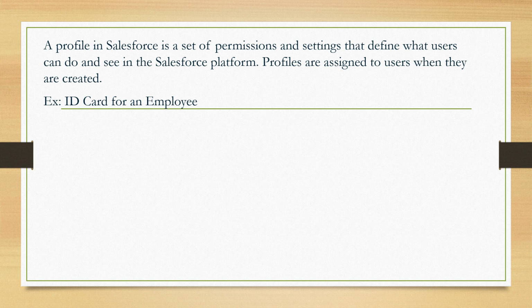Similarly, a profile decides what activities a user can do once he logs into Salesforce. For the purpose of security, we cannot provide all the information to everyone. So we use Salesforce profiles, which decide what a user can do once he logs in and what components he can access.